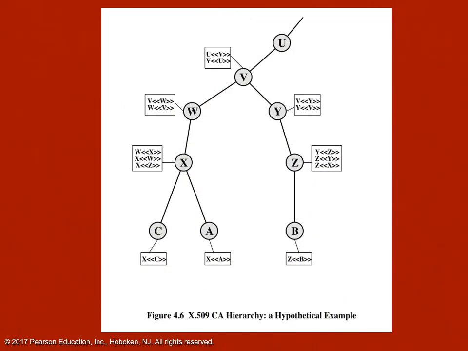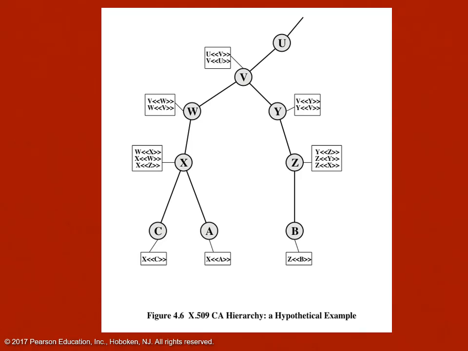In this figure, we have an X.509 hierarchy. It's just a hypothetical example, and the figure taken from X.509 is a good example of a hierarchy. The connected circles indicate the hierarchical relationship among the CAs. The associated boxes indicate certificates maintained in the directory for each CA entry.